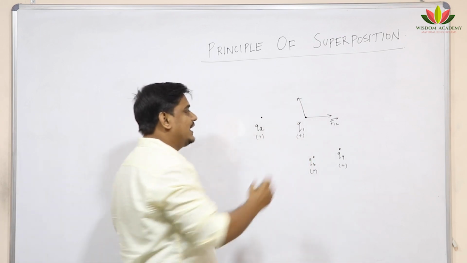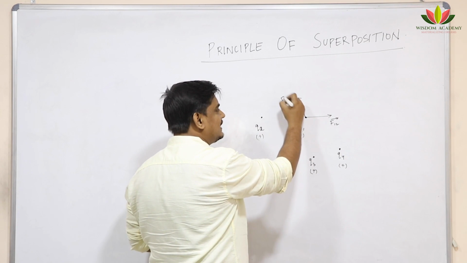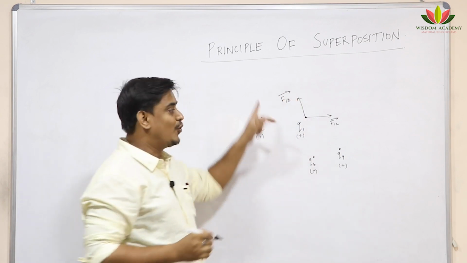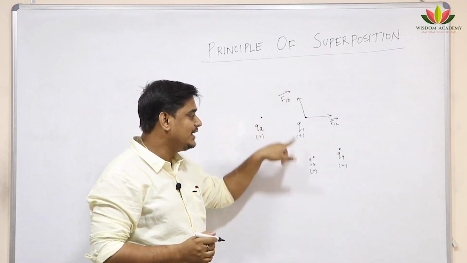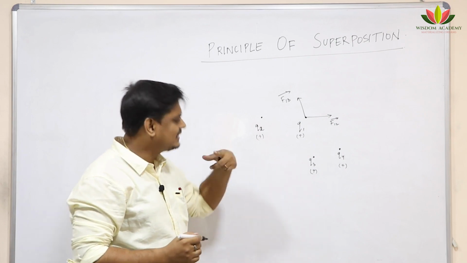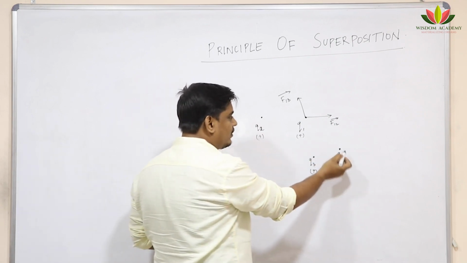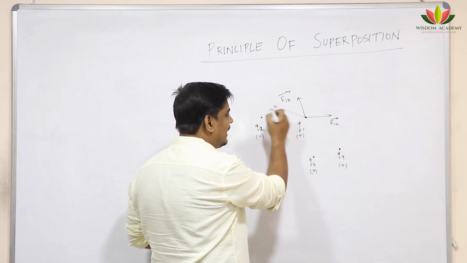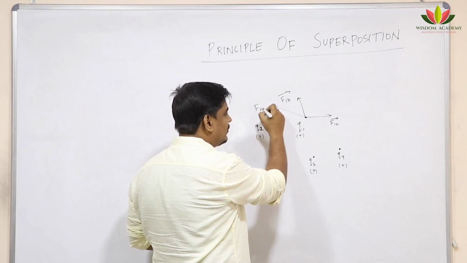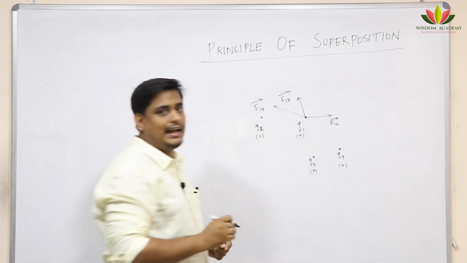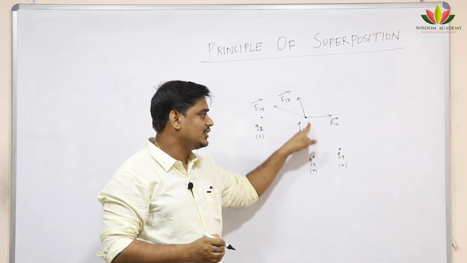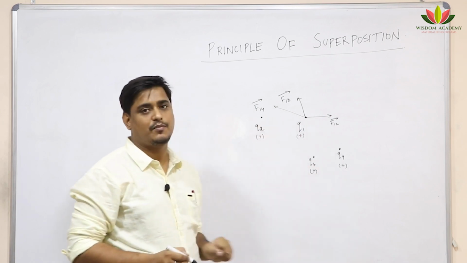I will write this force as F13, the electrostatic force on the first charge due to the third charge. Similarly, this q4 will also give a repulsive force, and I will write this force as F14, which is the electrostatic force on the first charge due to the fourth charge.